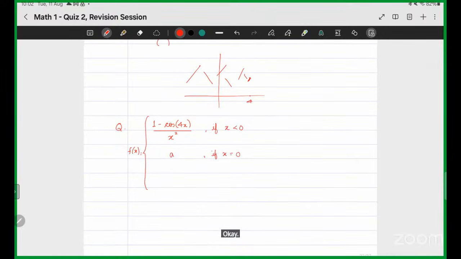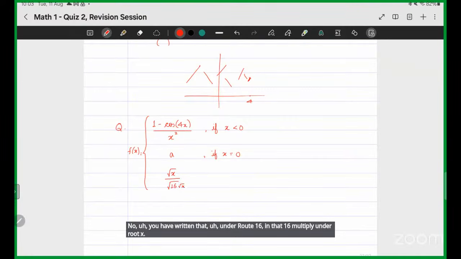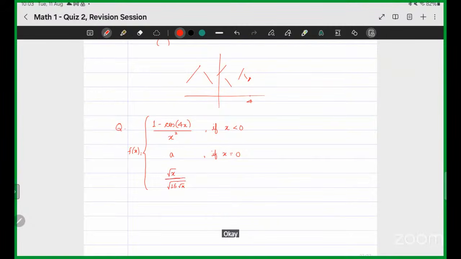In the third line, it is under root x whole divided by under root 16 under root x, minus 4 in the denominator, if x is greater than 0.